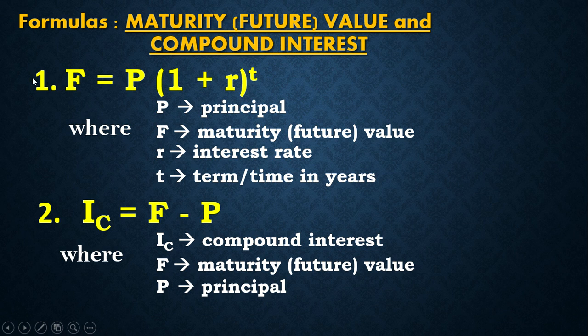Again, these are the two formulas that we have to use in computing maturity, future value, and compound interest. Right after computing the maturity, future value, isusunod natin ang compound interest computation. Now, let's proceed to the example.